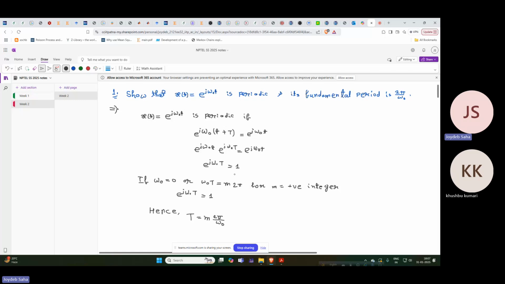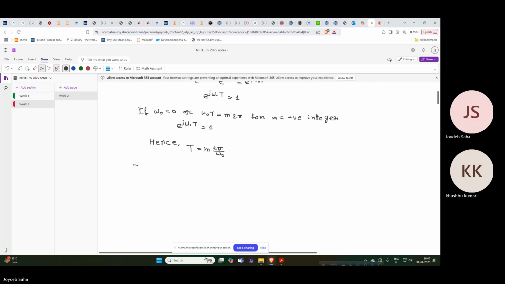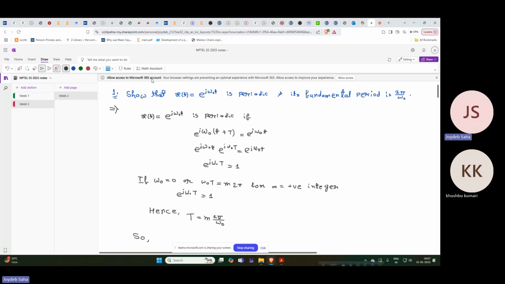So hence it is clear that this signal is periodic, and now we have calculated the fundamental period. Okay. So its fundamental period is 2 pi by omega 0.